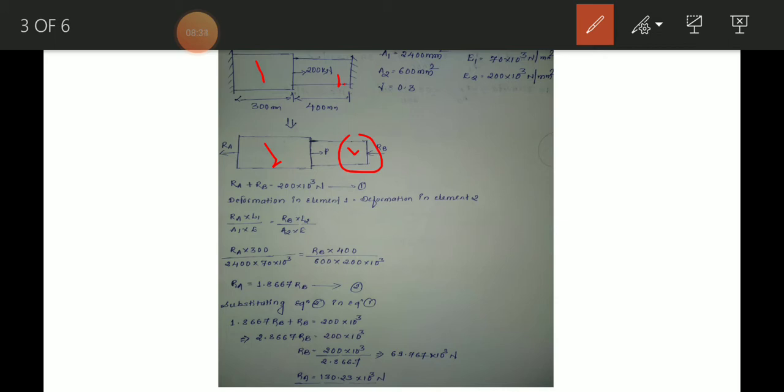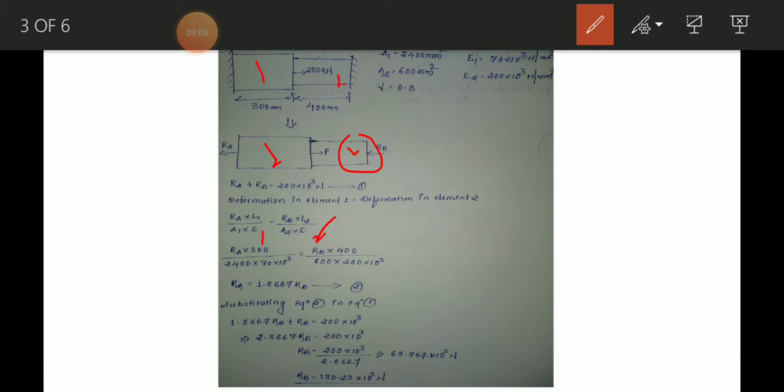For that you have to write down the formula for the deformation, that is RA into L1, that is the length of the first element, A1 area of the first element, E1 Young's modulus for first element. Similarly, RB is the reaction force for the second element, L2 is the length of second element, A2 is the area of second element, and E2 is the Young's modulus for the second element.